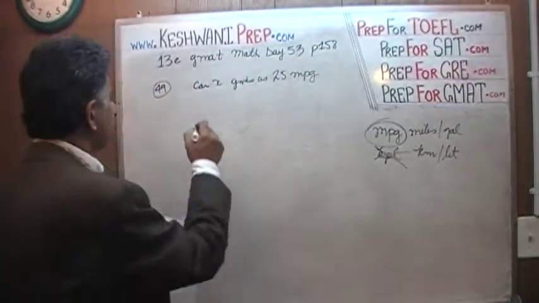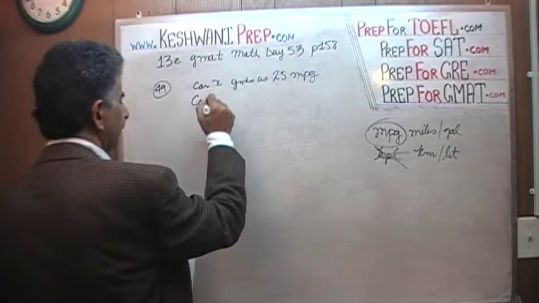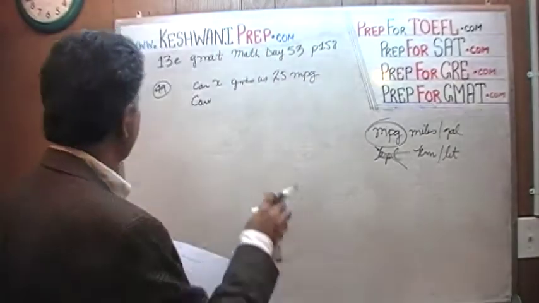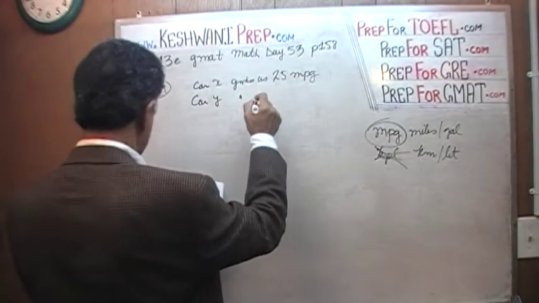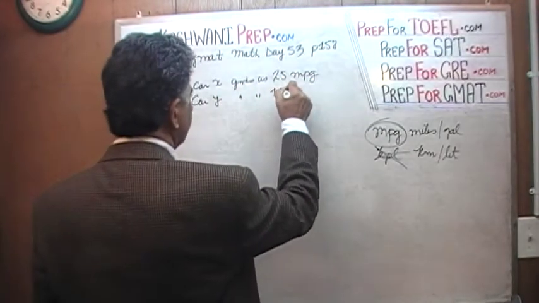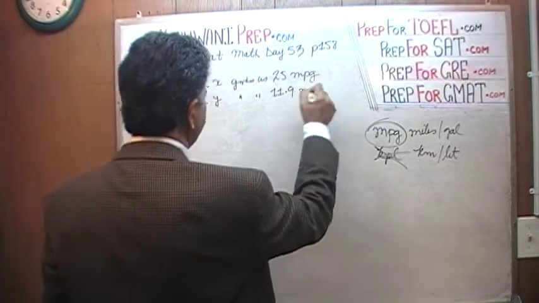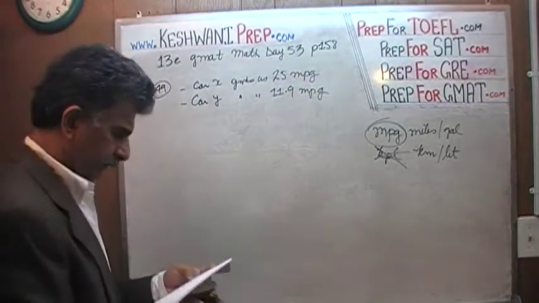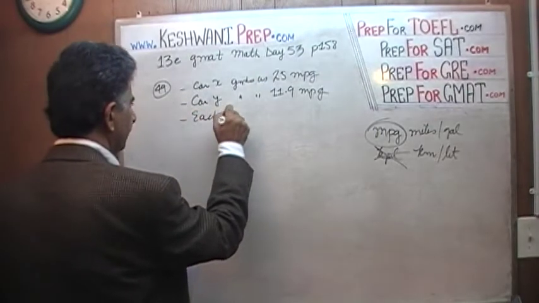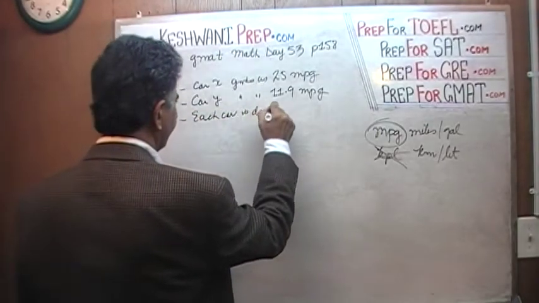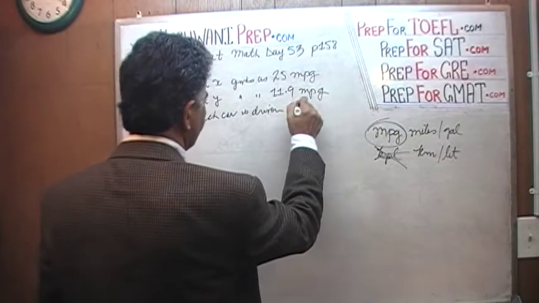And we are told that car Y gives us 11.9 miles per gallon. Then we are further told that each car is driven 12,000 miles.